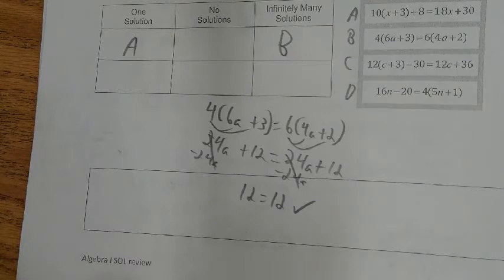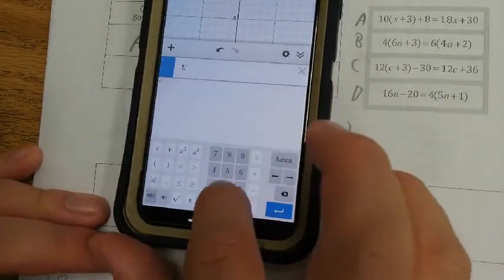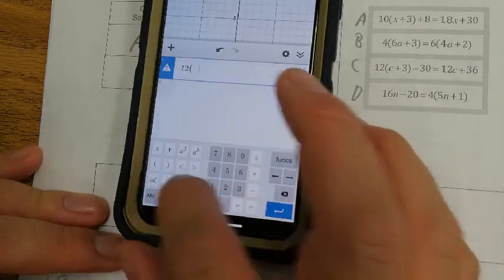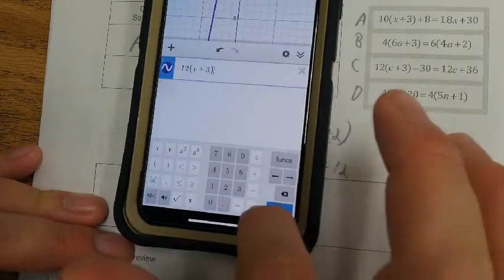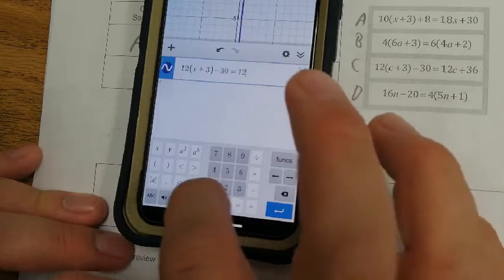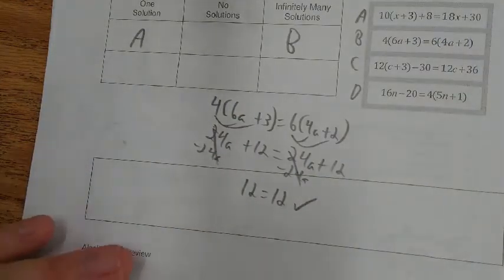So let's do the same thing with C. C, I'm going to type in 12 x plus 3 minus 30 equals 12x plus 36. Okay, so this one, what do you notice? It's not there. So that tells you it's either going to be infinite or no solution.